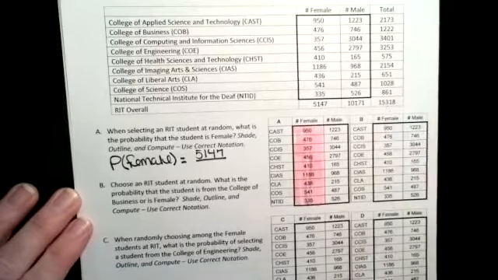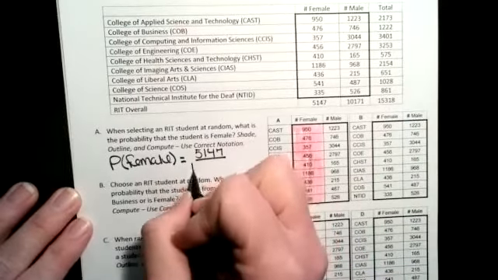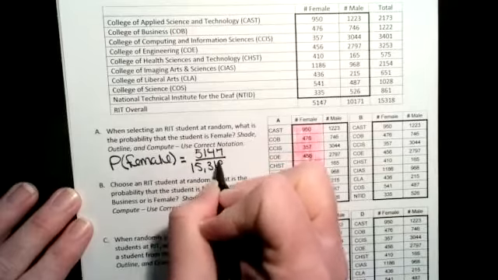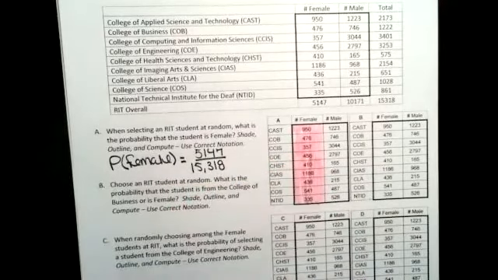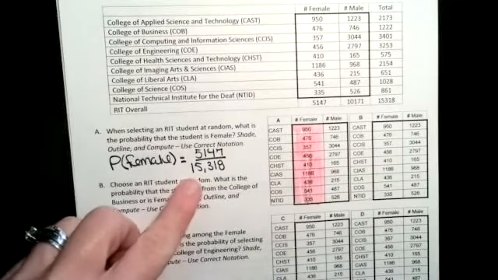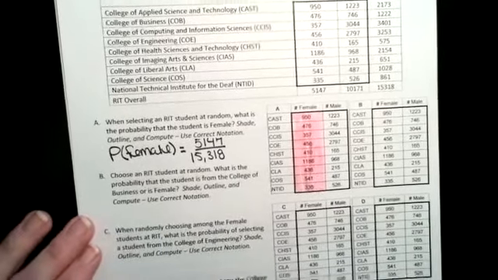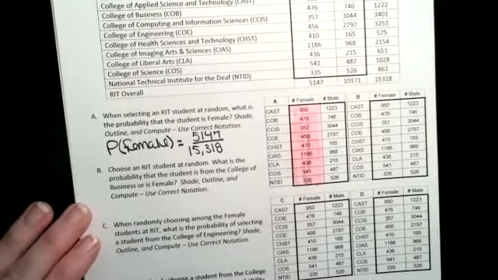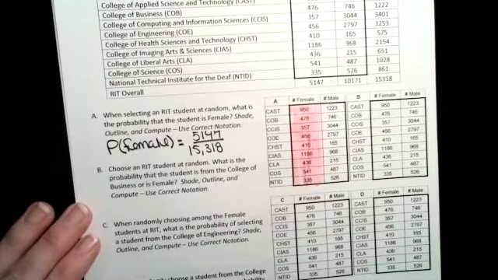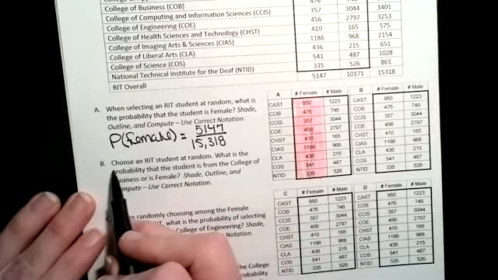I know it's a little blurry, but that's 15,318. Okay, right there. You don't have to simplify anymore. I am perfectly fine. I actually prefer you to leave your answer in this form rather than simplifying or putting it into a decimal or a percentage. Okay, so let's look on to part B here.